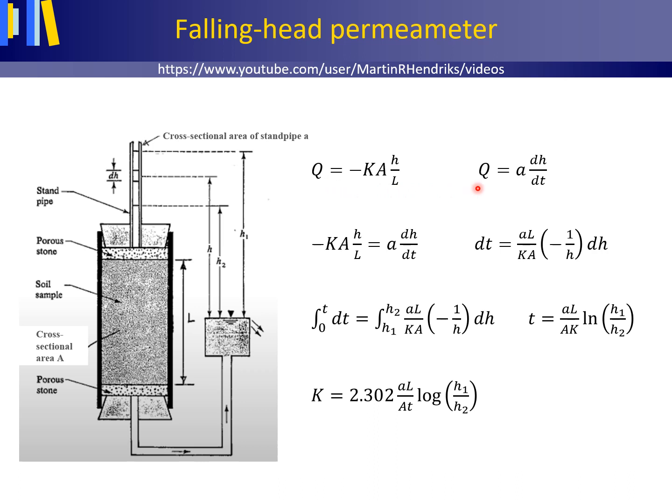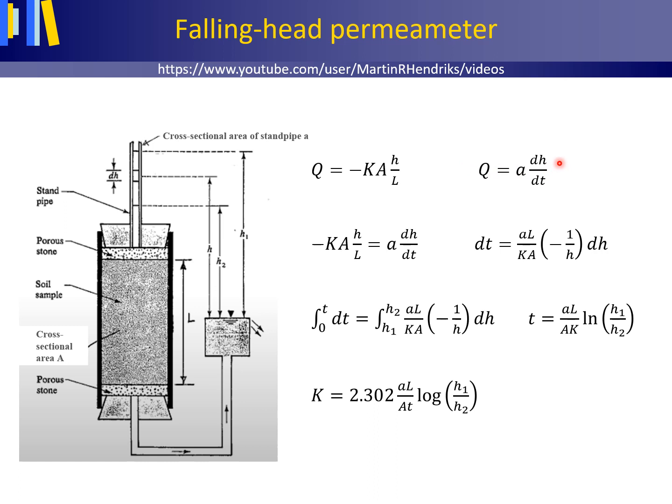Q in cubic meter per day is also equal to the change of hydraulic head, dH, with time, dt, in meter per day, multiplied by the cross-sectional area small a of the upper chamber standpipe in square meter.